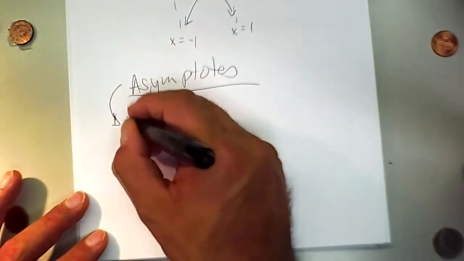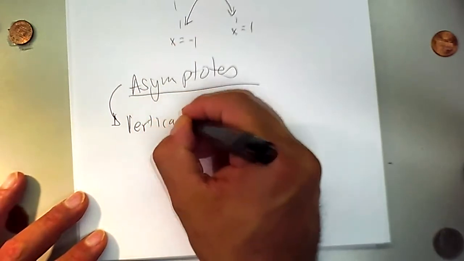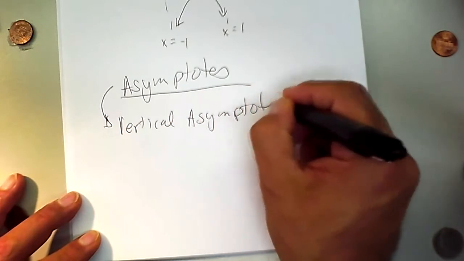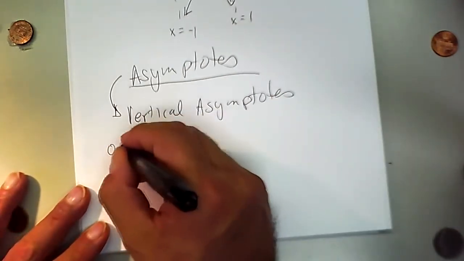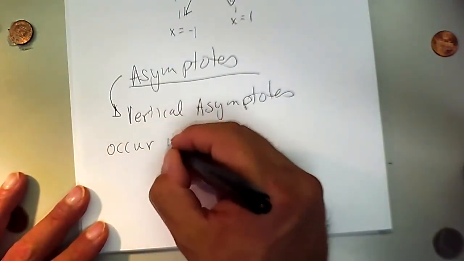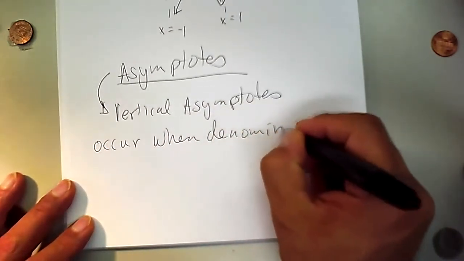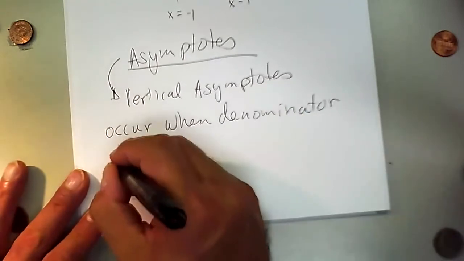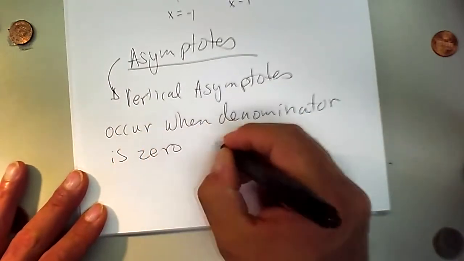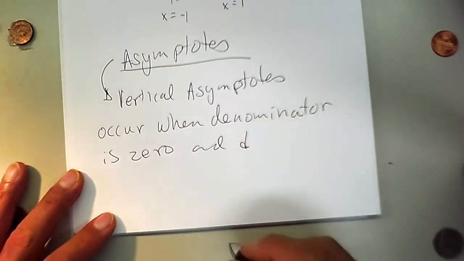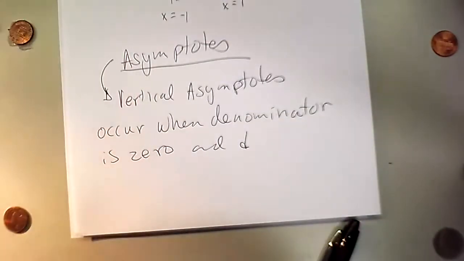Vertical asymptotes occur when the denominator is 0 and the numerator is not 0.